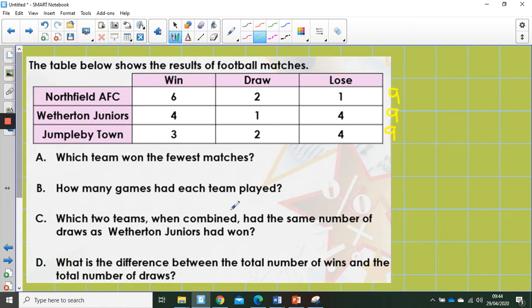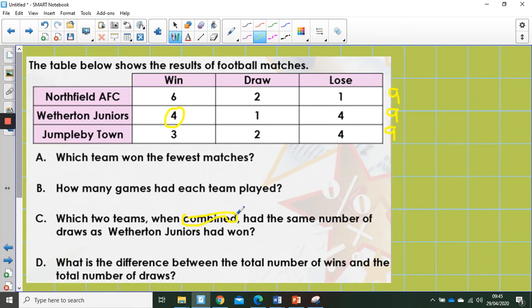Which two teams, when combined, meaning adding together, mixed together, had the same number of draws as Weatherton Juniors had won? So to find the answer to this, we need to first of all check how many Weatherton Juniors have won, which is 4.